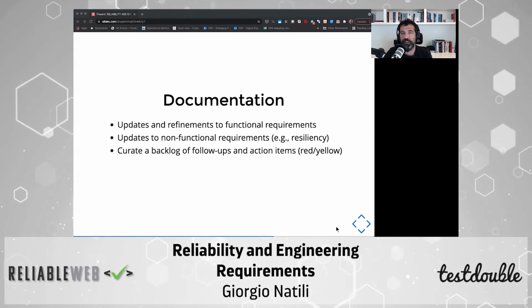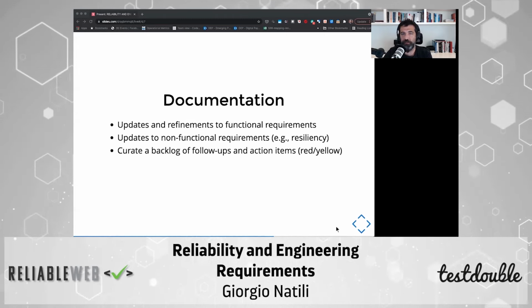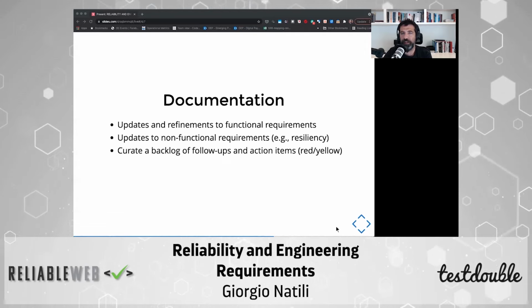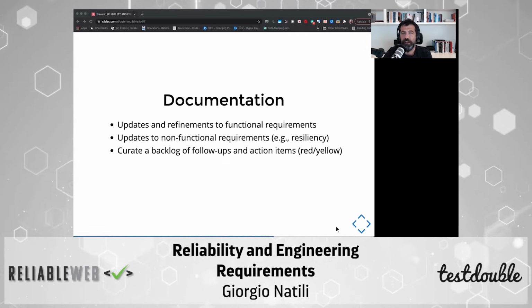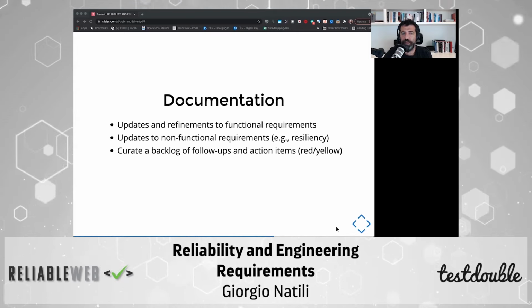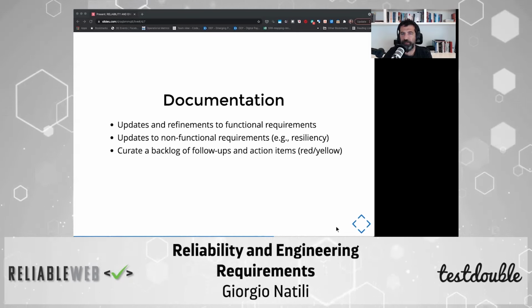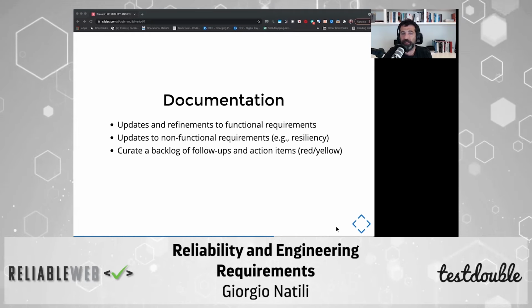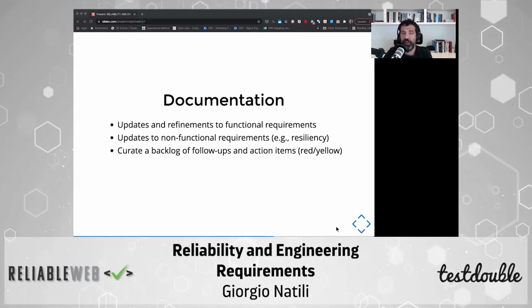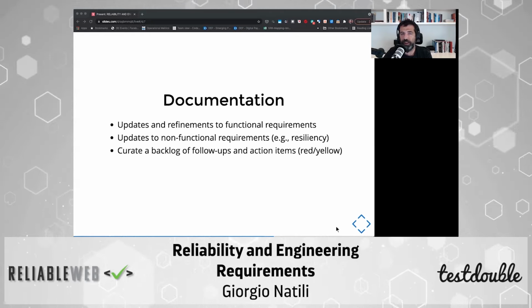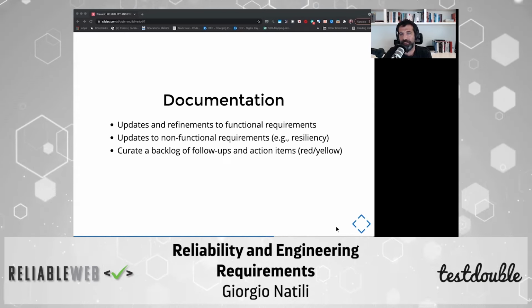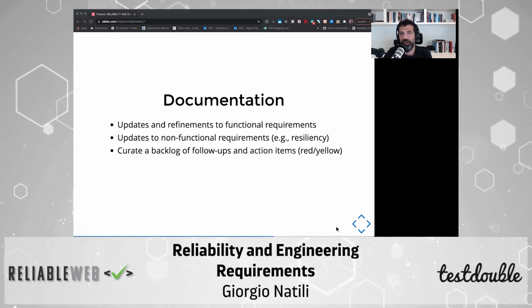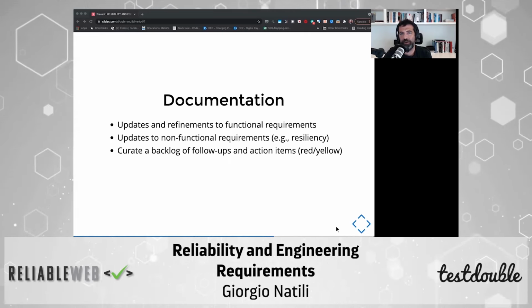Documentation is another important phase of your dissection analysis. By that, you need to update any functional requirement. You need to update the non-functional requirements, and you must create a backlog of follow-ups. A backlog of follow-ups can be anything, like a spreadsheet, a Jira ticket, a Quip file, whatever.